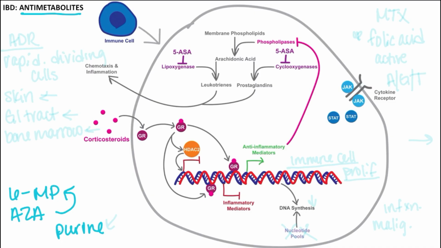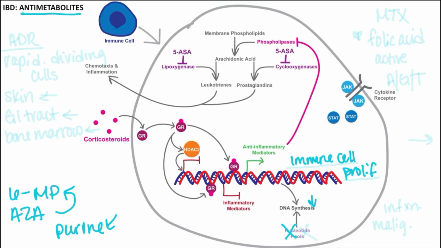And these agents will competitively inhibit those enzymes from synthesizing new purines, and this depletes the purine nucleotide pools. And this will inhibit DNA synthesis and immune cell proliferation, contributing to that anti-inflammatory effect.